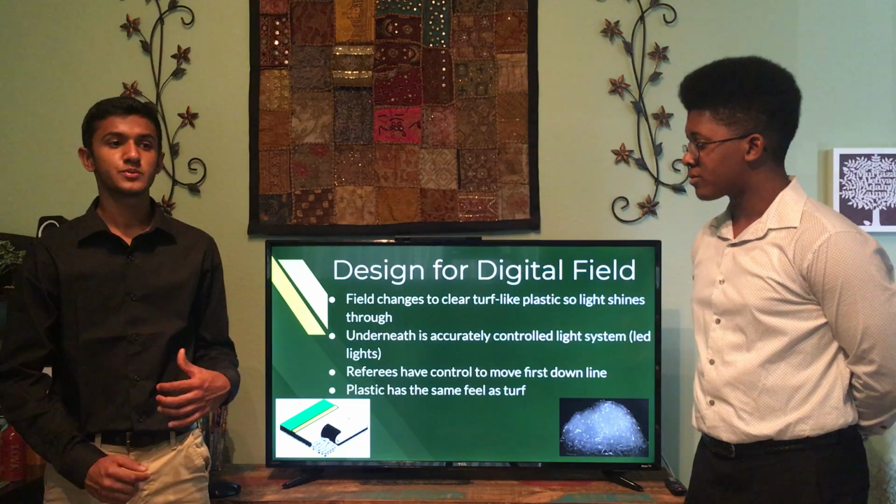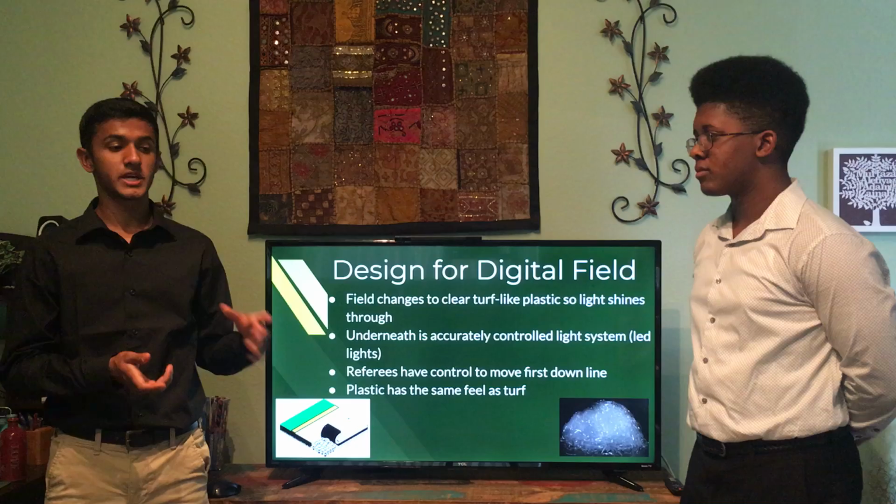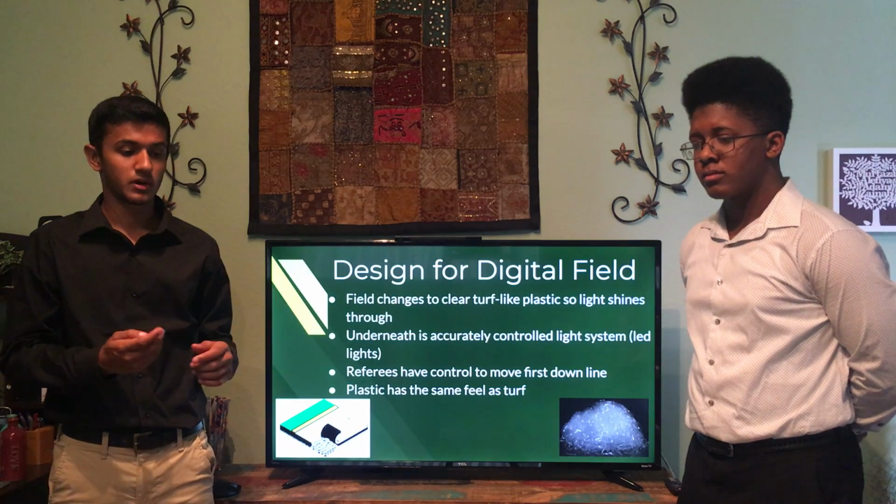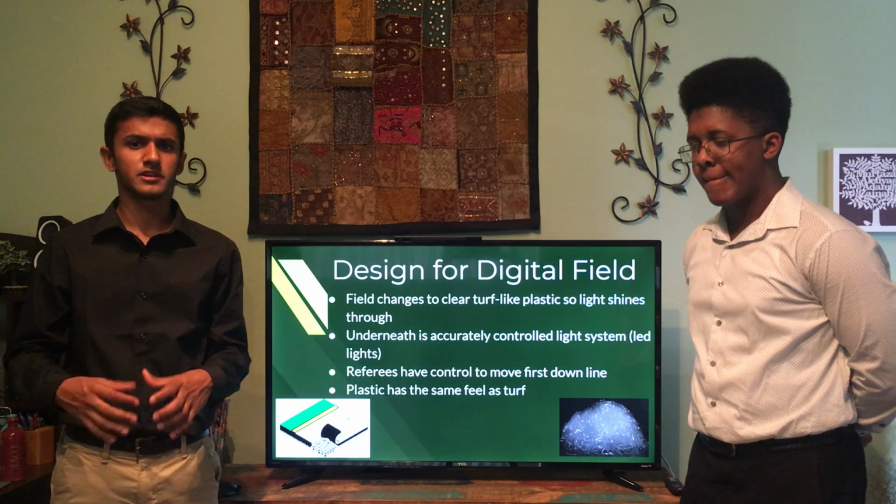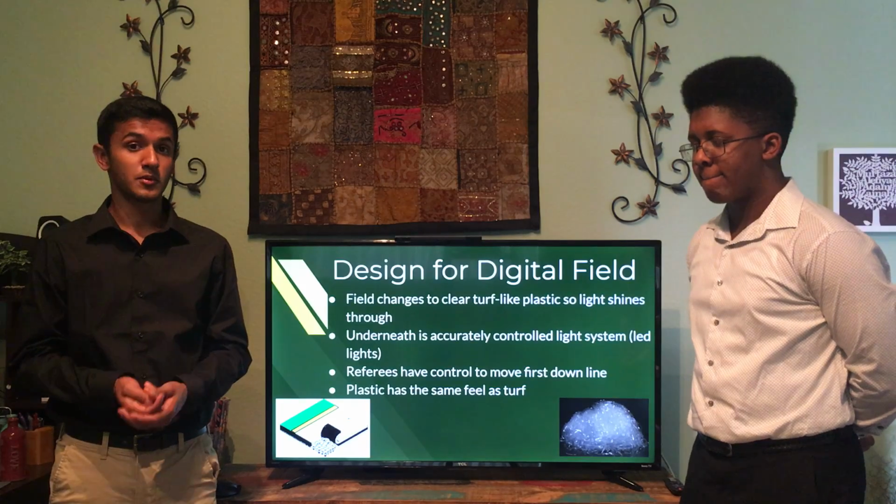So the referees will be able to control the location of the lighting, at least for the first down line solution, with a remote.